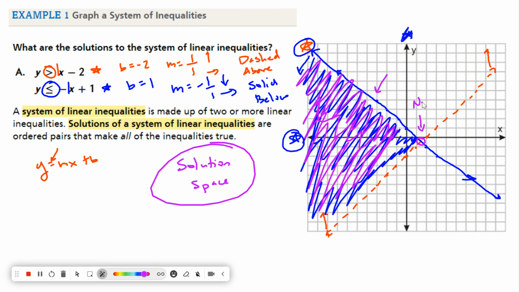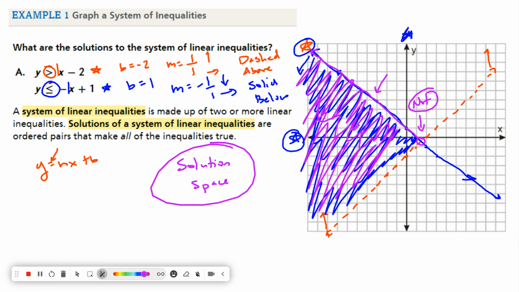It's not a solution, because it's not solid. So it doesn't work in both inequalities. Okay? So for this solution set, it's all the points in this shaded region and all the points, I'll trace it in purple, on this part of the solid line that are connected to the space.